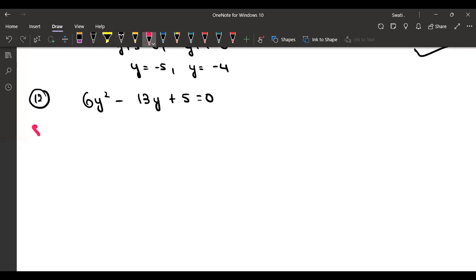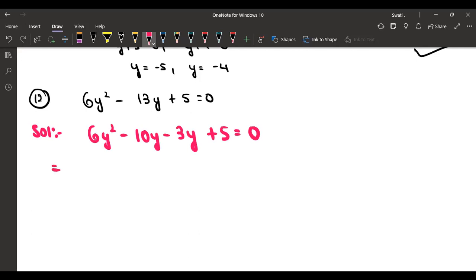So again, very simple. 6 times 5 is 30. So I can write 6y square minus 13y, and I want minus 13y in the middle term. So I can write this as minus 10y minus 3y, because that is also giving me 30, 10 into 3 is 30. And plus 5 is equal to 0.